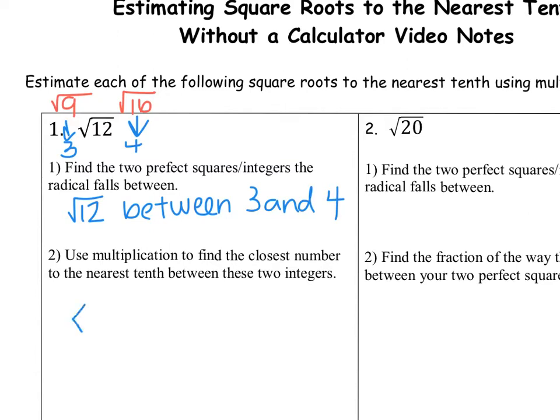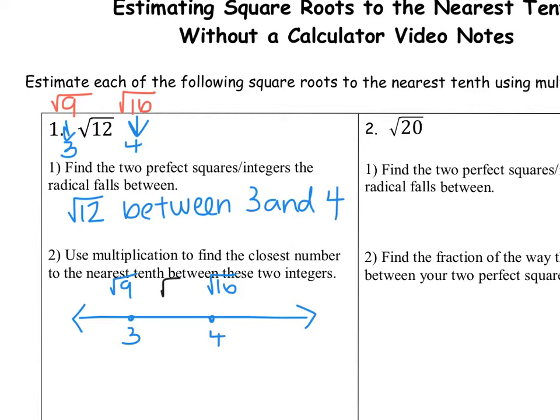So let's take a look at a number line. We know that 3 is here. We'll just mark this down, and 4 is here. 3 again is the square root of 9. 4 is the square root of 16. So if we look at where 12 falls between 9 and 16, it falls somewhere in the middle.